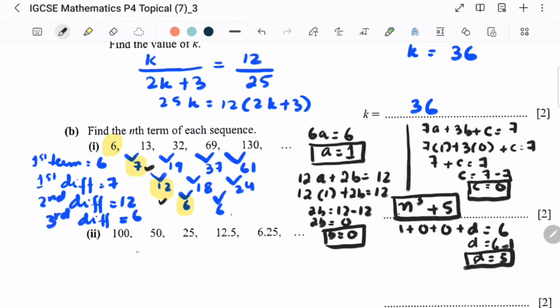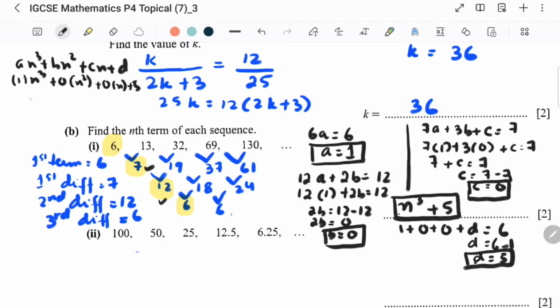All right, I'm telling you some other place. Listen. This is a n cube plus b n square plus c n plus d. So you got a is 1, n cube plus 0 n square plus 0 n plus 5.